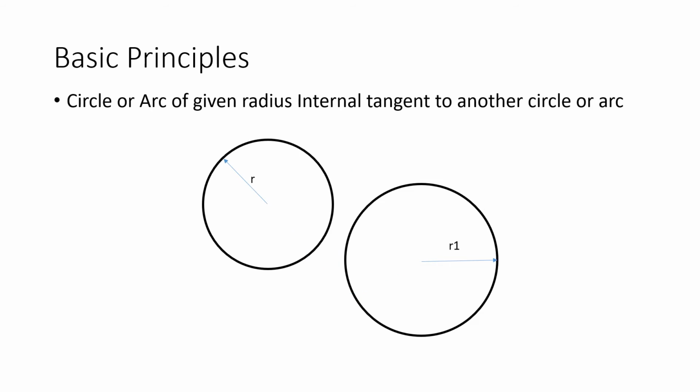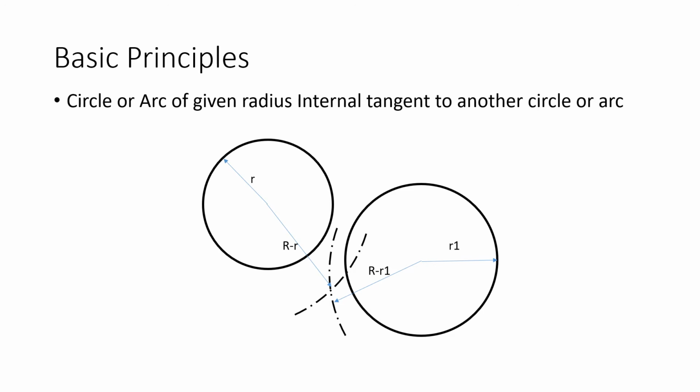So if I started off with two circles and I wanted to draw the internal tangent of big R around those two circles, I would have to follow the construction of finding the center of big R, which would be R minus R, which is the radius of the big circle minus the radius of the small circle, and R minus R1.